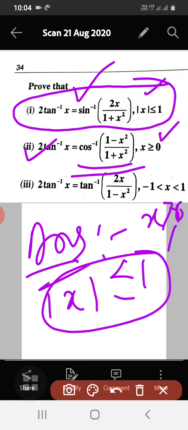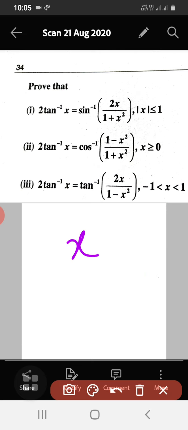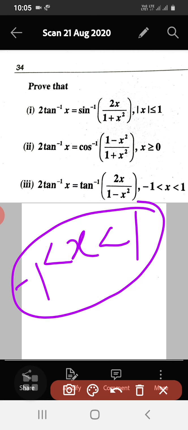Similarly, you can expect another question: for what values of x does the result 2 tan inverse x is equal to tan inverse of 2x by 1 minus x square hold good? Then what we have to write is x greater than minus 1 and less than 1. Like this we can also expect it for 1 mark. Once it was asked in the paper.